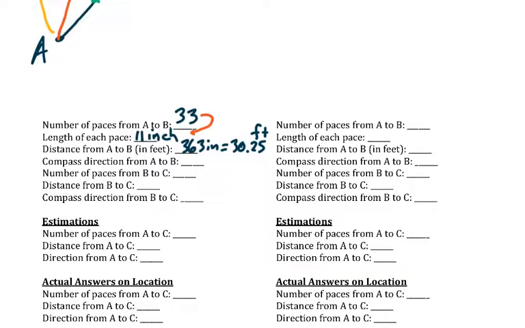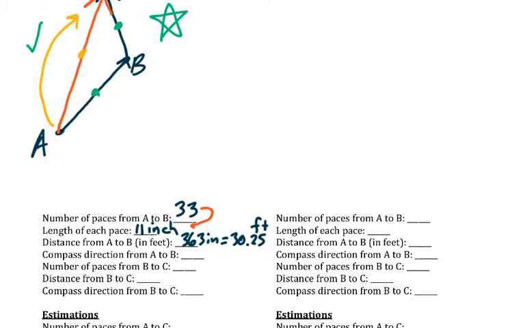All right, so walking outside, my distance from A to B was basically 30.25 feet. The compass direction when I was walking, I wrote down, was 67 degrees. That was my compass direction from A to B, and I kept it as steady as I could.